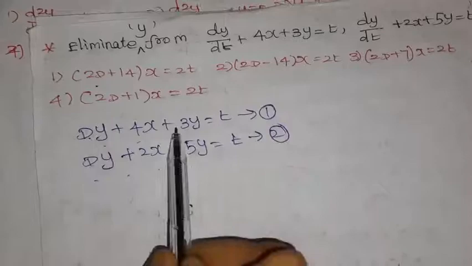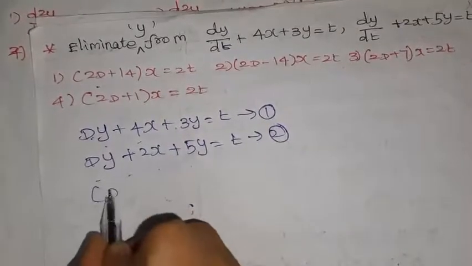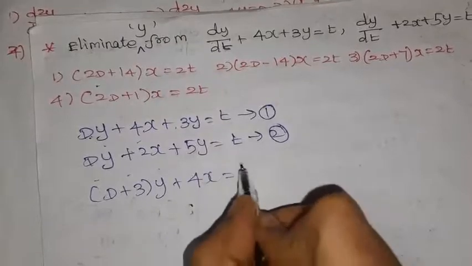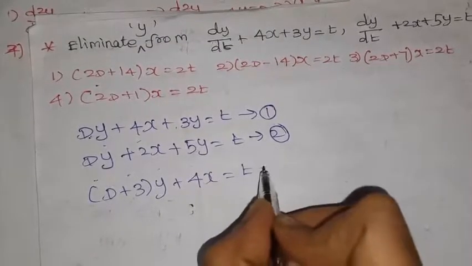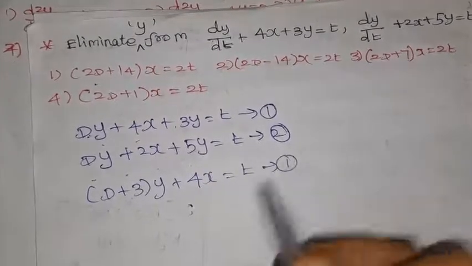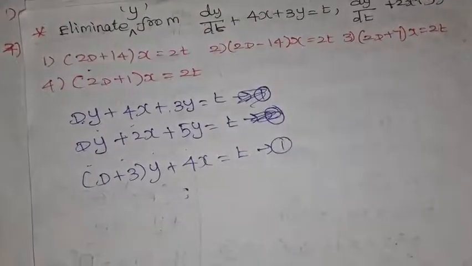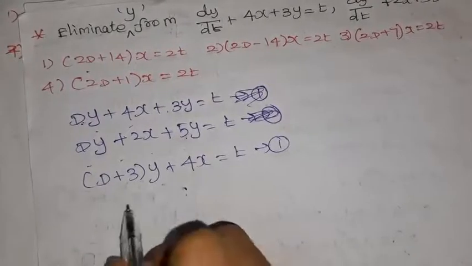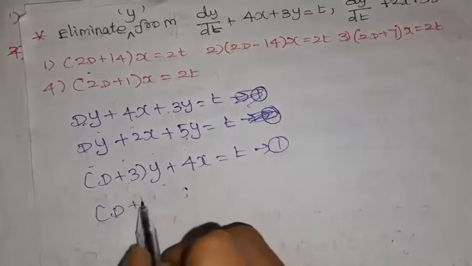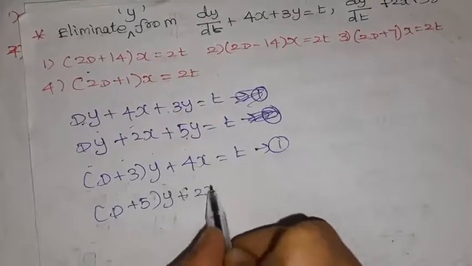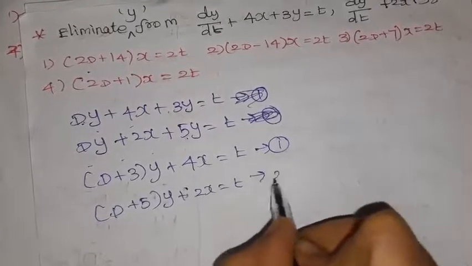So taking common, (d + 3) into y + 4x = t. It is also the reformed equation 1 only, so we can say this as equation 1. Then (d + 5) into y + 2x = t. Say it is equation 2.